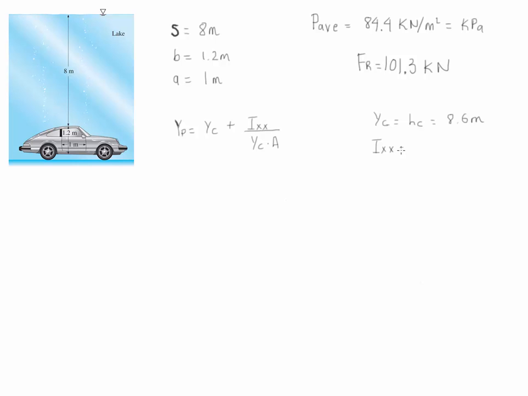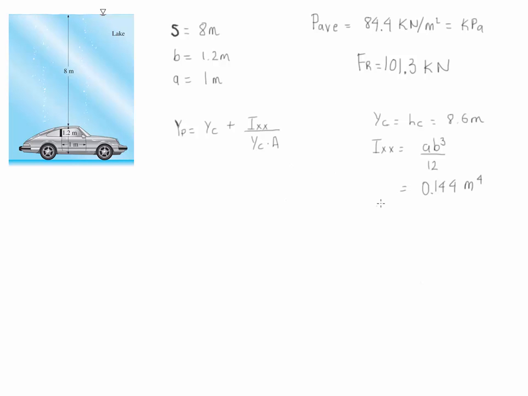IXX for a rectangle is equal to A b cubed divided by 12, where A is equal to 1 meter and B is equal to 1.2 meters. If we substitute those values, we obtain 0.144 meters to the fourth.